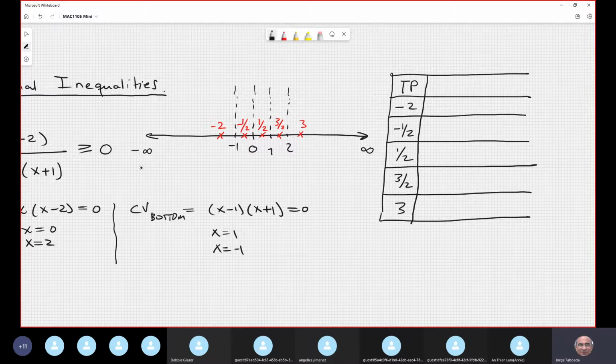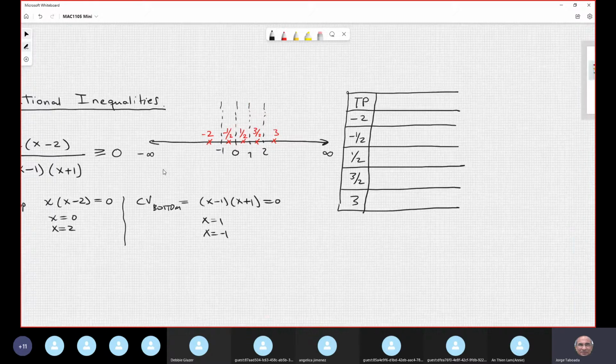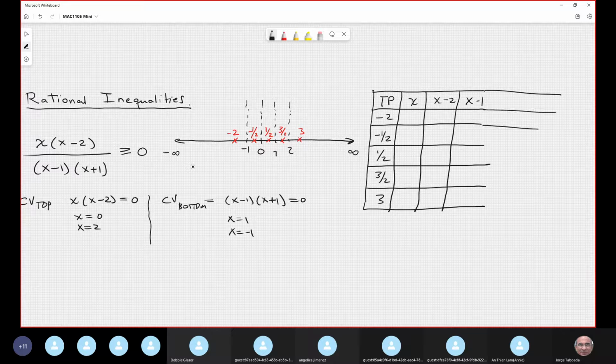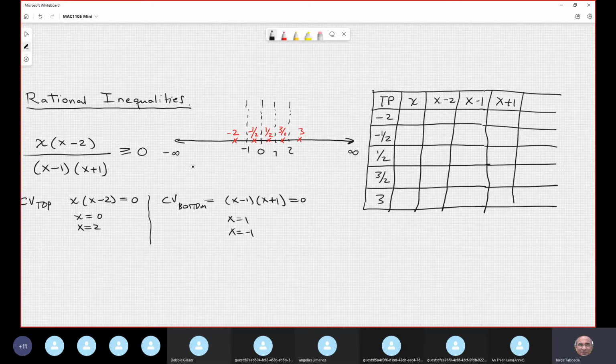In this case, there is no even exponent that can delete or partially delete. No, the exponent is the odd number 1 in this case. So x, x minus 2, x minus 1, and x plus 1. And the last column is the total.